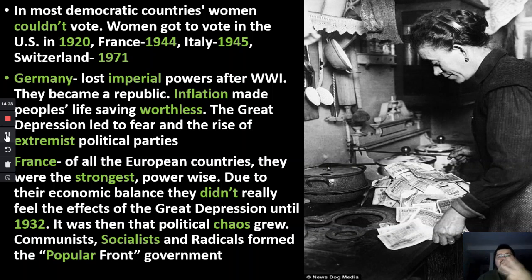So it took a good 3 years, with the whole world going through the Great Depression, for France to finally feel the pressure of it. And this also gave rise to political chaos in their country, with communism, socialism, and radical reform. And this became known as the Popular Front.